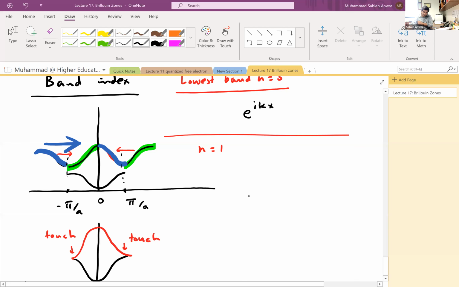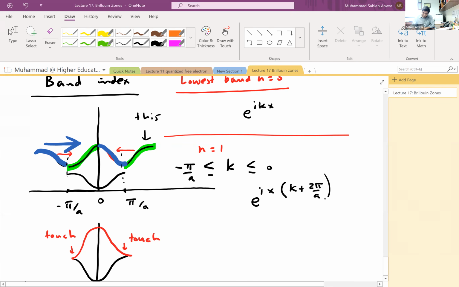Now if I consider this region here, where k is greater than minus pi by a and less than 0, then my wave function is really e^(ikx). The wave function is defined by this green part here, and this is given by k plus 2 pi by a.